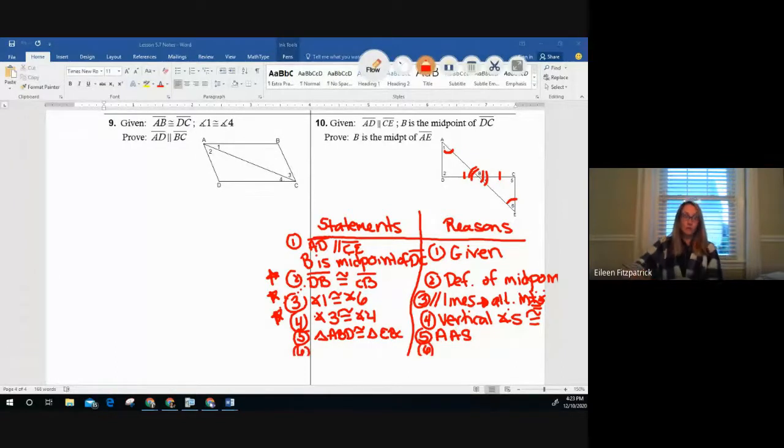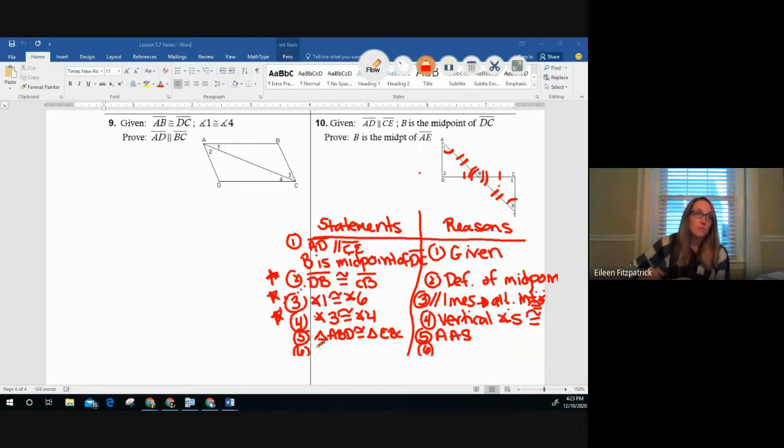But notice you're not asked to prove that the pieces are congruent. You're asked to prove that B is the midpoint of AE. Well, if B was the midpoint of AE, what would that mean? It would mean that AB is congruent to EB, which we now know because the triangles are congruent.